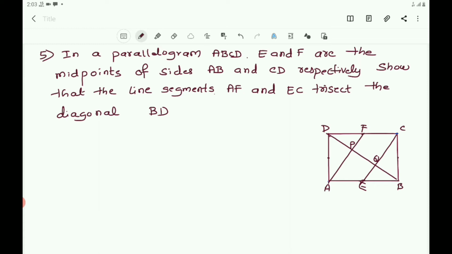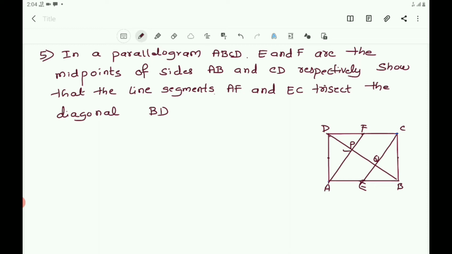It is given that ABCD is a parallelogram, E is a midpoint of AB and F is a midpoint of CD, and we have to prove that the line segments AF and EC trisect the diagonal BD, that you have to show here.